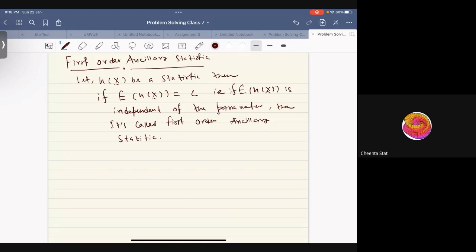It's the sufficiency principle. Now here comes the completeness. What is the completeness actually saying? The completeness basically gives accuracy to the sufficient statistic. Why?